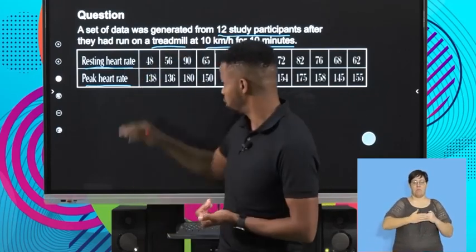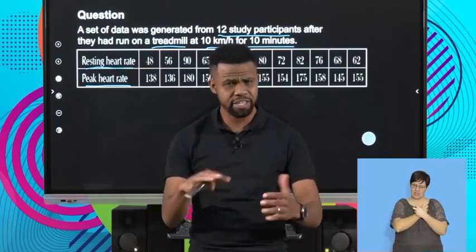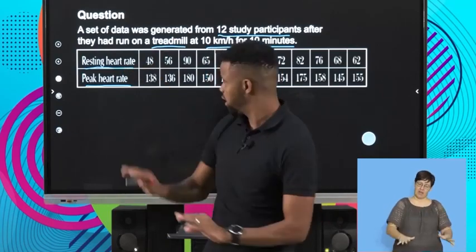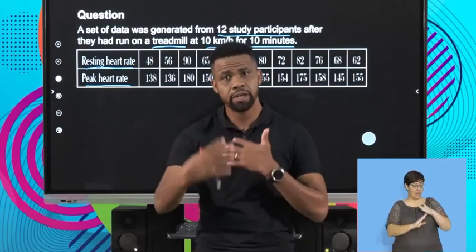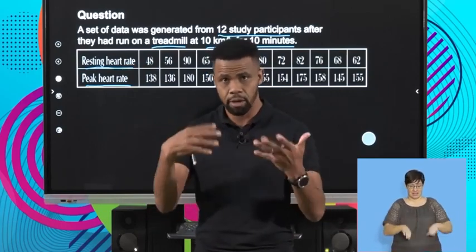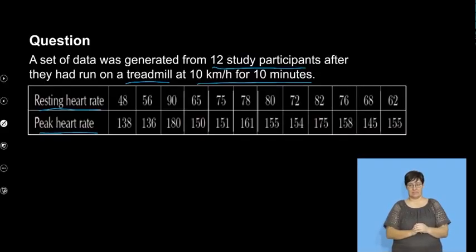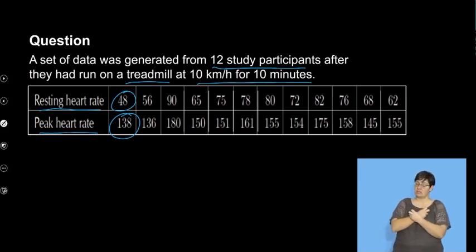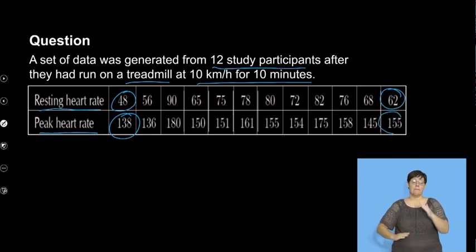So resting is when I'm relaxed, and peak is when I'm exercising optimally. The resting heart rate for the first person was 48, and the peak heart rate was 138. Similarly, the last person's resting heart rate was 62, and the peak heart rate was 155.